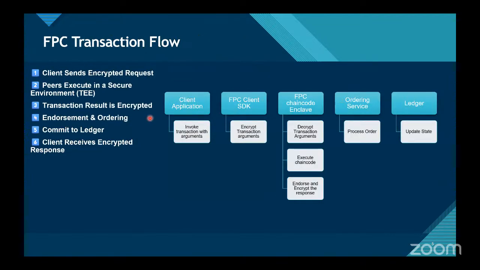And then after the criteria has been met by the ordering service for different peers, we can start to commit to the shared distributed ledger across all peers, and then the client receives the encrypted response, decrypts it with his keys, and then is able to see the outputs.